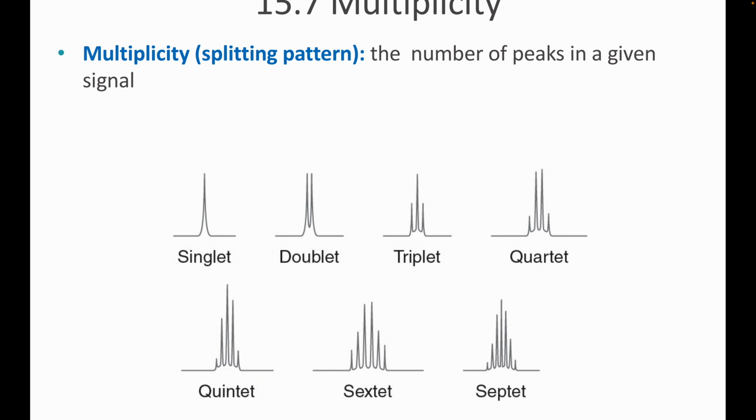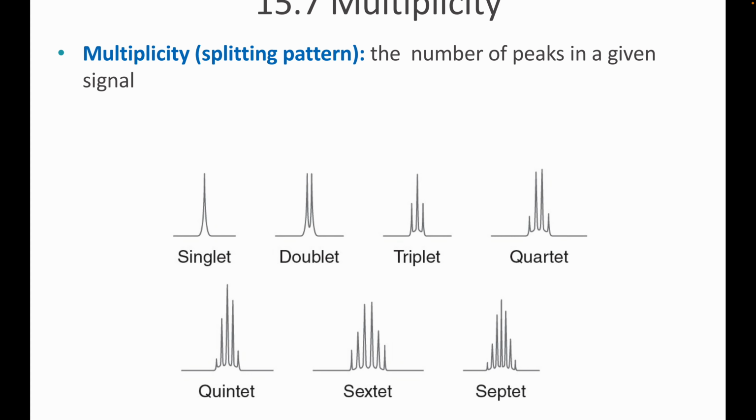And this is what we call the multiplicity of those peaks. So instead of just seeing one spike, you may see one, or you might see two right next to each other. Or you might see what we call a triplet, so it splits up into three. Each one of these would be considered one peak. It's just got this splitting pattern associated with it, which we call the multiplicity of that peak.